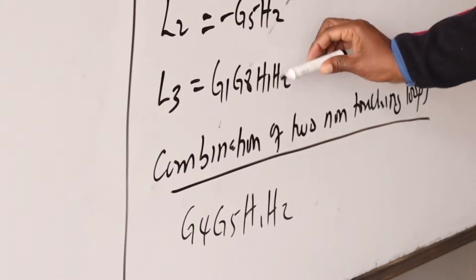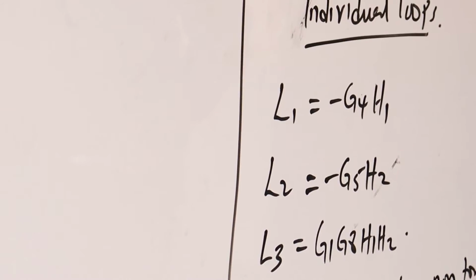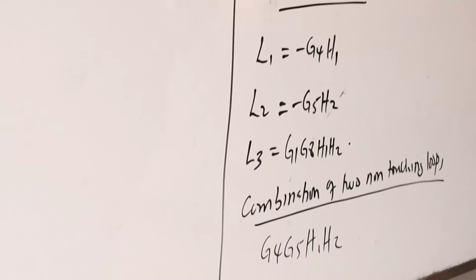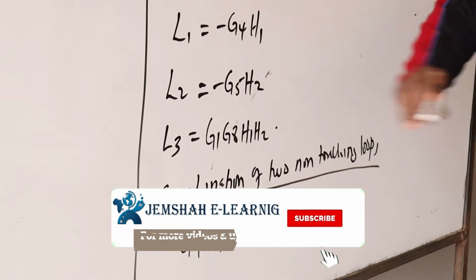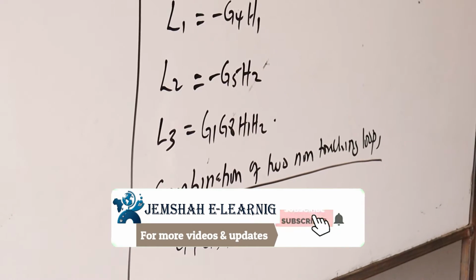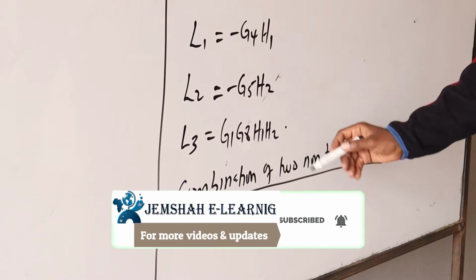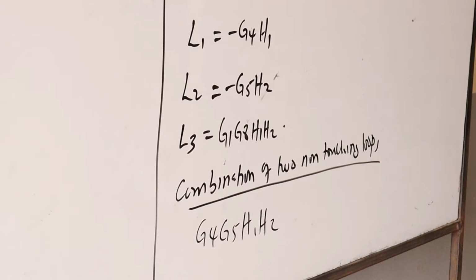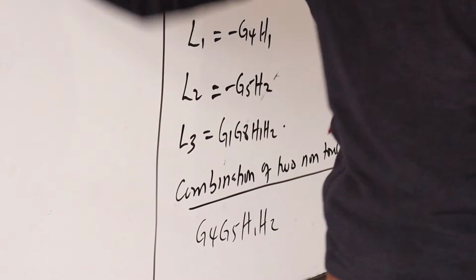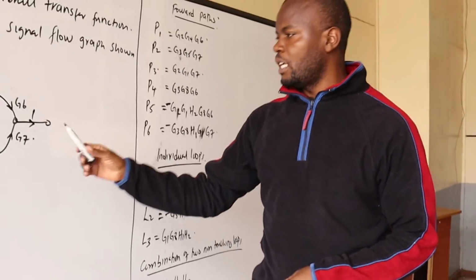Let's look at that loop and this loop to see whether they are non-touching. We have G4, and with the existence of H1 here and H1 there, it means that the loops share a common node. Looking at this loop and that loop, with the existence of H2 and H2 here, that will signify the same. But you should always look at it from the signal flow graph itself.